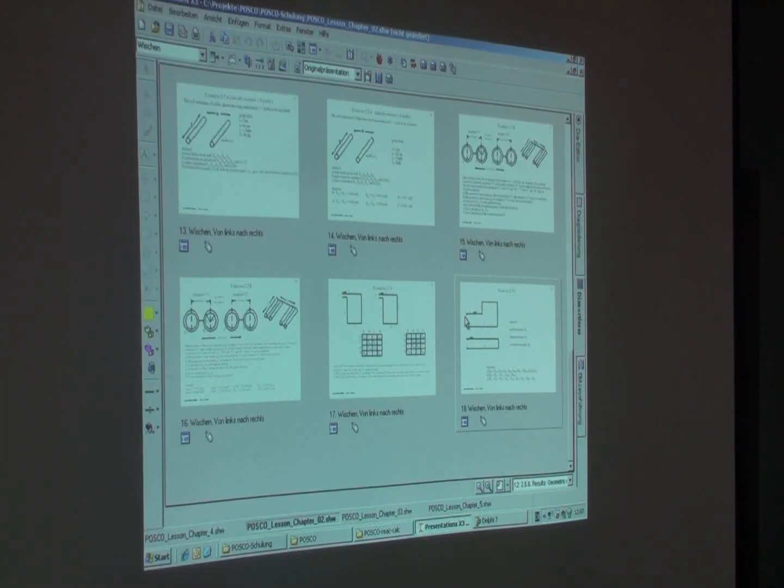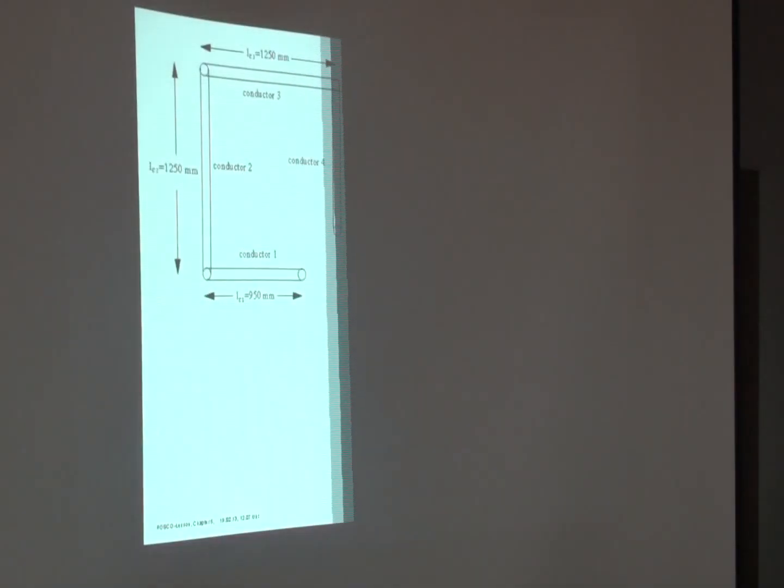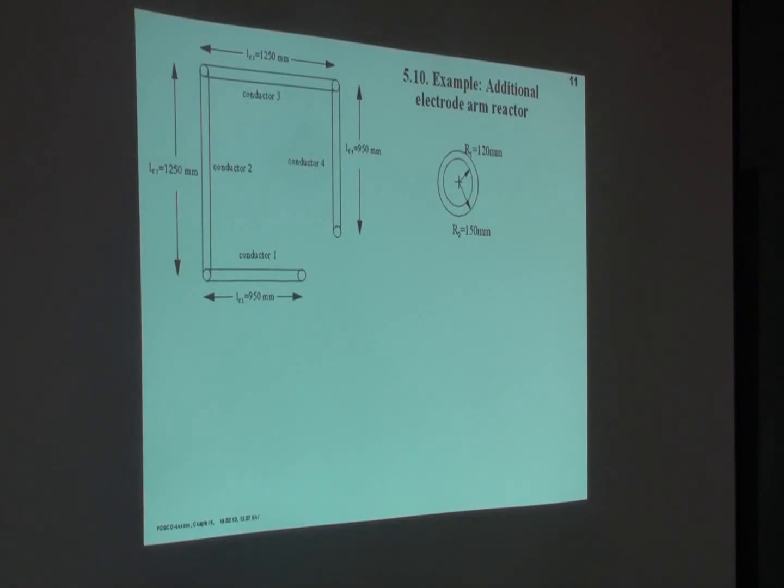Here we go back to chapter 5 and we can see it. So in this special case, because we have here 2,500 and we have 1,250 millimeters, and we have also here 950 millimeters, and here 950 millimeters. I made it so the calculation is not so much.